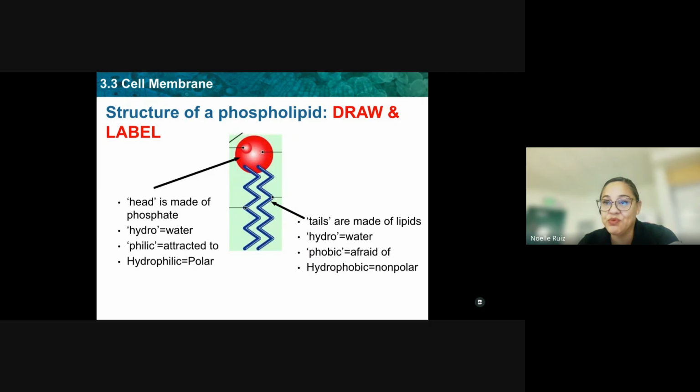So the head is the portion, that red ball at the top, that is made of phosphate. And an important property of the head is that it is hydrophilic. Hydro means water and philic means attracted to. So that part of the membrane likes water.